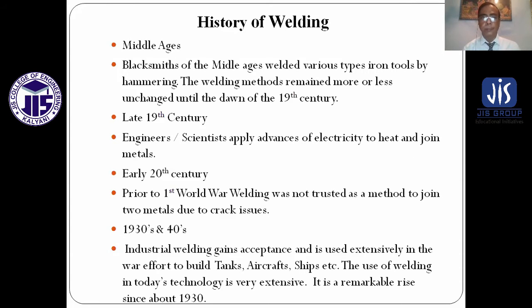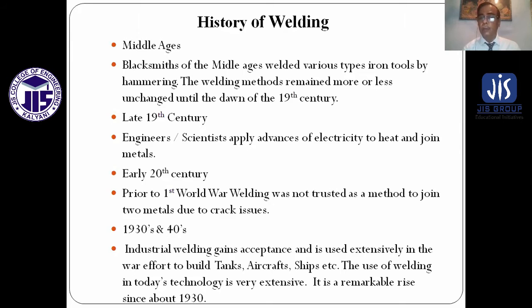History of welding. From the Middle Ages, blacksmiths welded various types of iron tools by hammering. That is basically forge welding. Welding methods remained more or less unchanged until the dawn of the 19th century. In the late 19th century, engineers and scientists applied advances in electricity to heat and join metals.